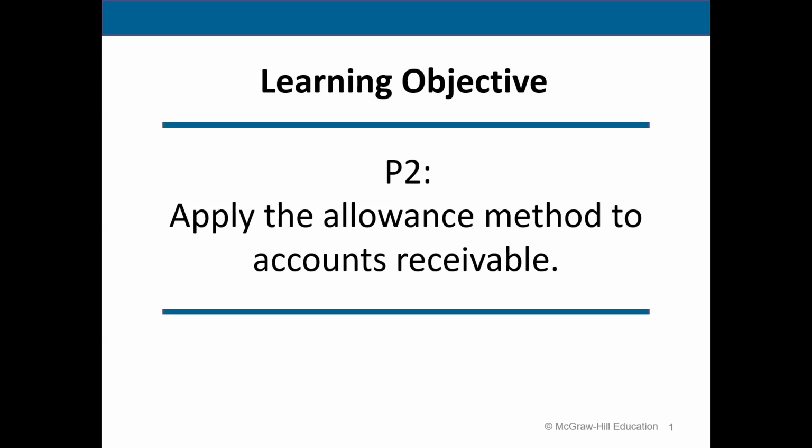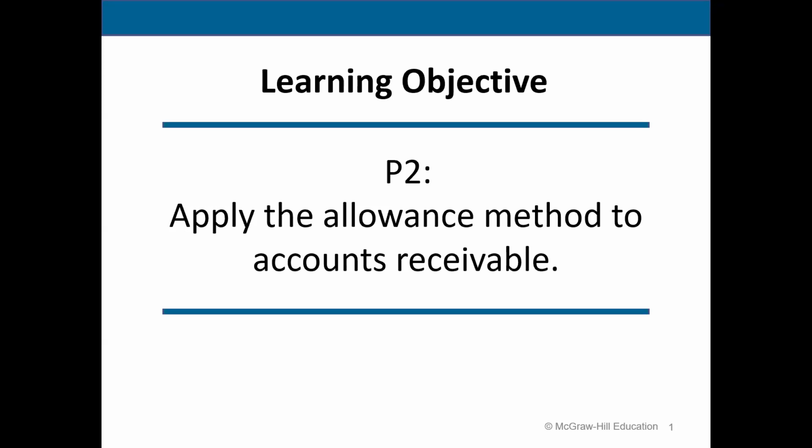So we have to have a way to estimate the amount that we won't collect, because we need to record that amount in the same period as we recorded the sales revenue. Because if we make a sale and we never collect the money, do we really have a sale? Not really. So we recorded sales revenue and accounts receivable.